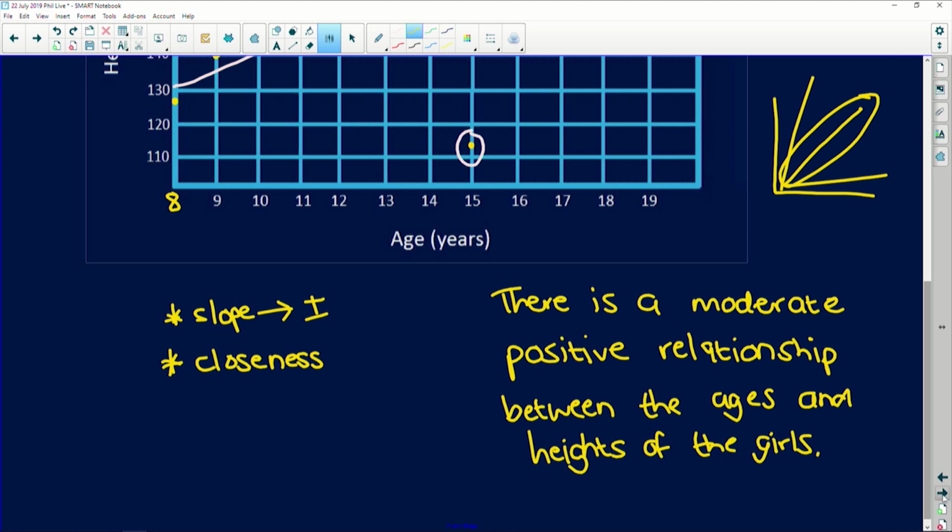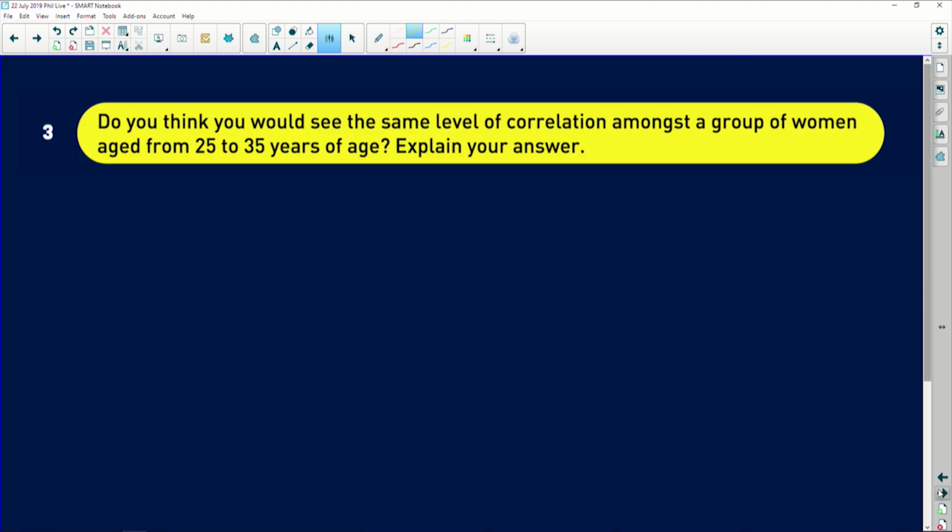Okay. And then lastly, it says, do you think you would see the same level of correlation amongst a group of women aged from 25 to 35 years of age? Explain your answer. Okay, so when you get a question like this, guys, they're basically testing your logic. Like, how does this instance differ to the one that we've been given? Obviously, we've been given girls from age about 8 to 19.